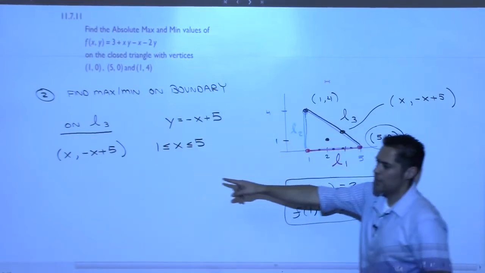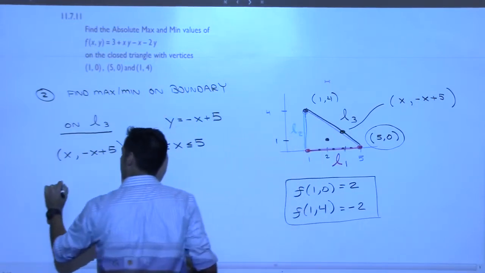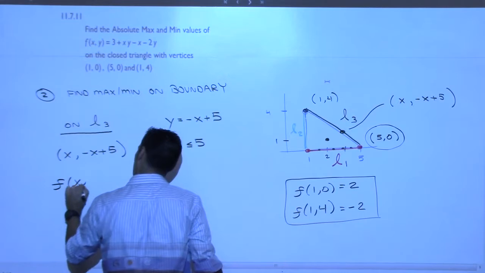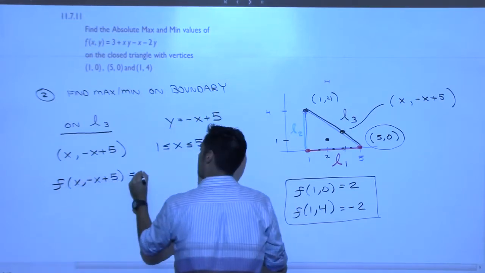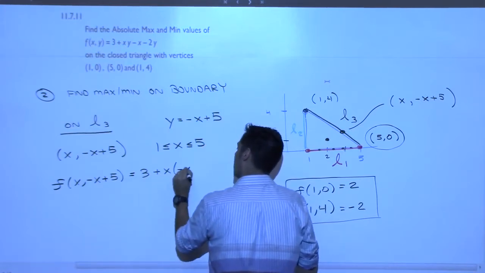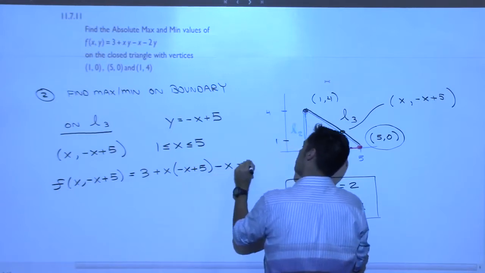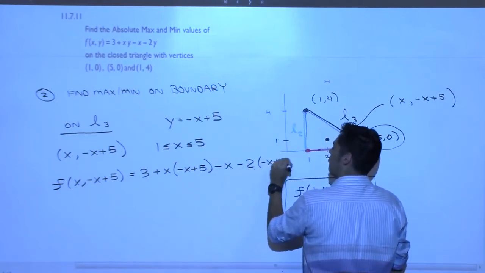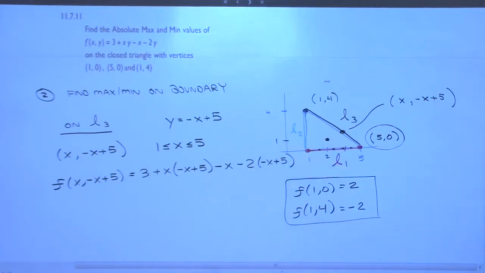Plug this into that, and you get f of x comma negative x plus 5. This is 3 plus x times the y, but the y is negative x plus 5, and then minus x, and then minus 2 times negative x plus 5. That's just the original function with all the y's replaced with negative x plus 5.